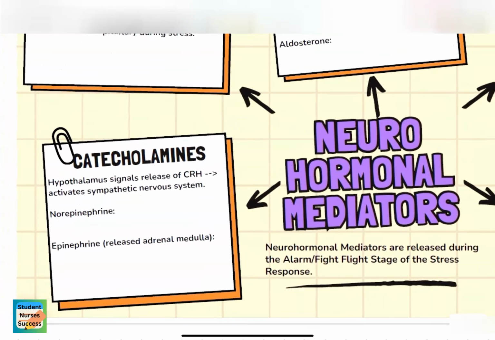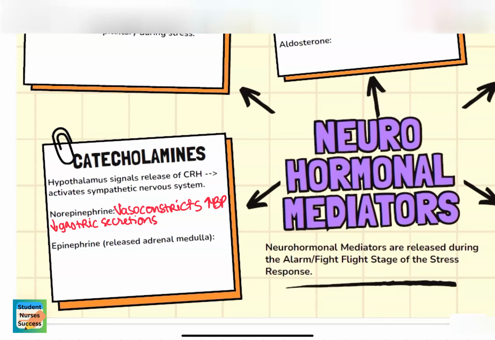Now, let's talk about what norepinephrine does. Norepinephrine is a vasoconstrictor. So it vasoconstricts the blood vessels, and that vasoconstriction increases your blood pressure for fight or flight. Norepinephrine also decreases gastric secretions, which is probably why you feel a little sick to your stomach when you are in fight or flight.